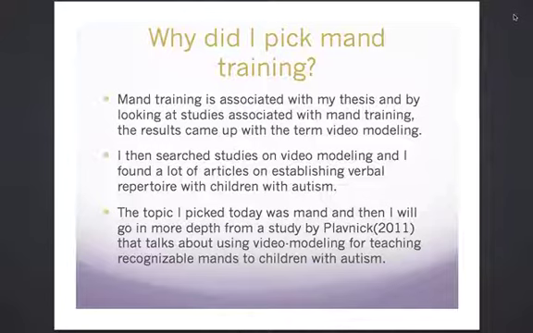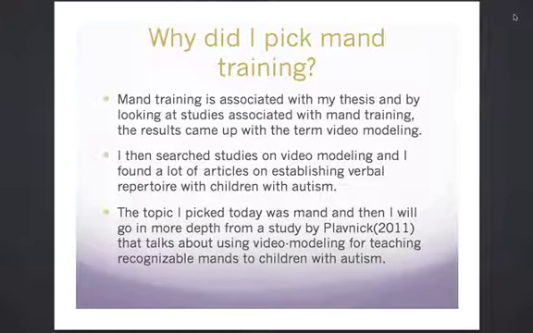So this is a study by Plavnick called Establishing Verbal Repertoires with Children with Autism Using Function-Based Video Modeling. Function-based is where, just like an FBA, you have different function areas, like tangible and attention and control, and you're contriving the EOs for the child to mand.